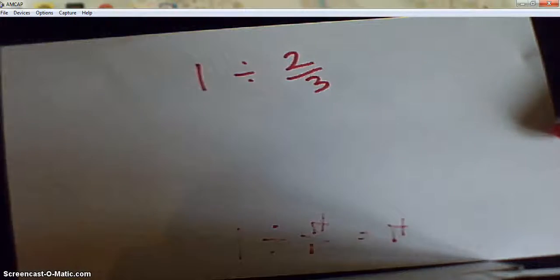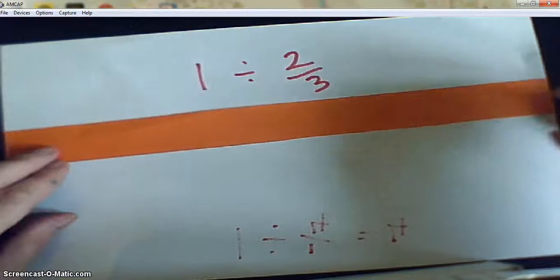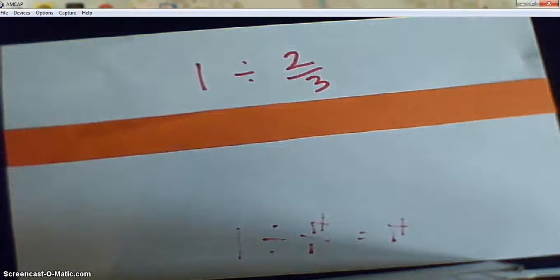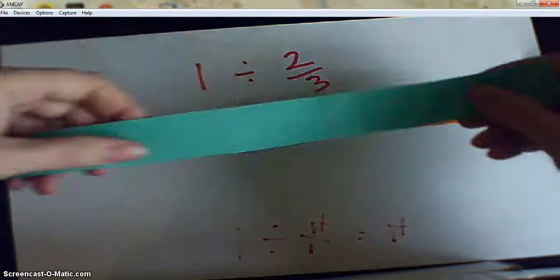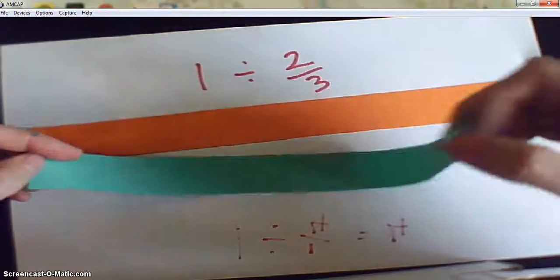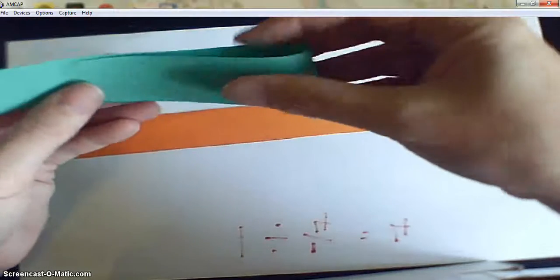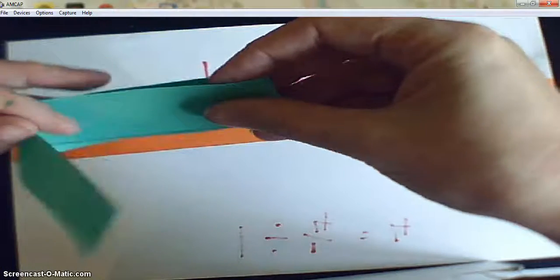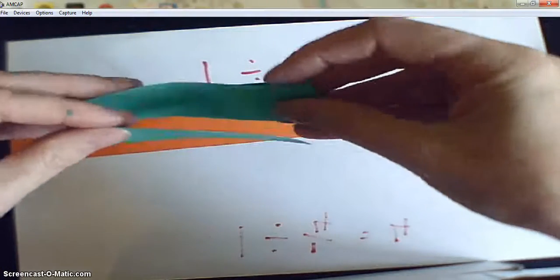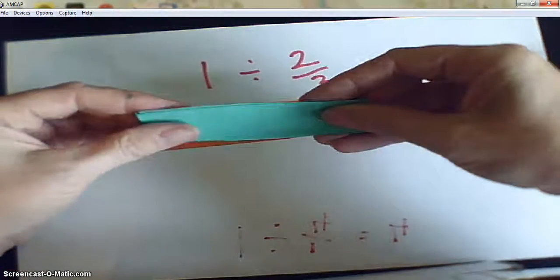So again, we have our whole strip, our original whole strip, and we take another strip, and this time, same length of course, we fold these into thirds, and thirds are always trickier, so get this right. Might be best if I did this beforehand, so roughly get it into thirds as best I can.